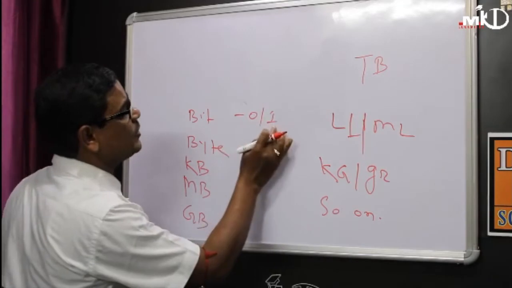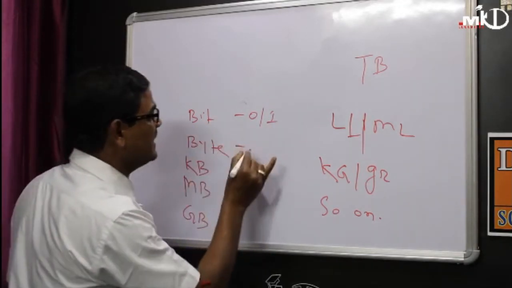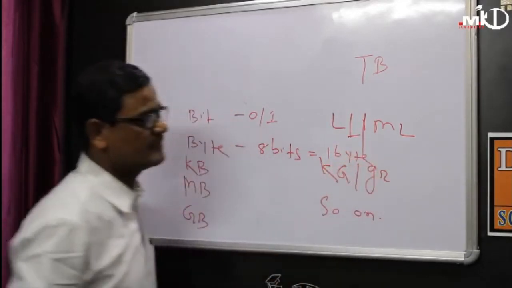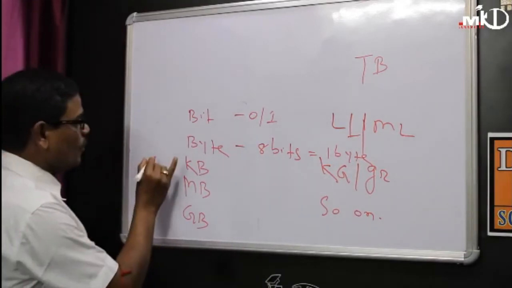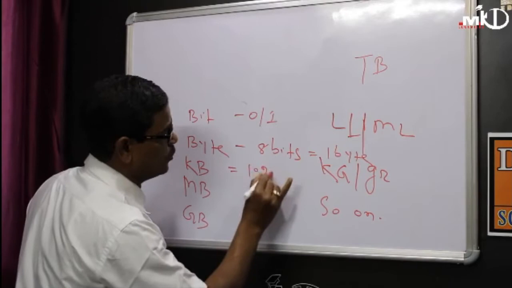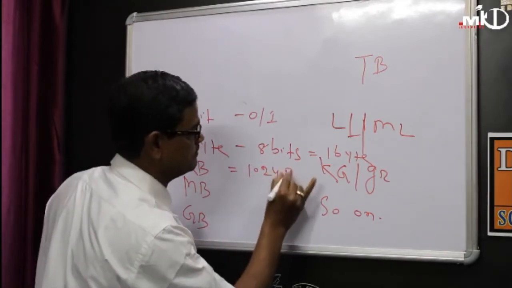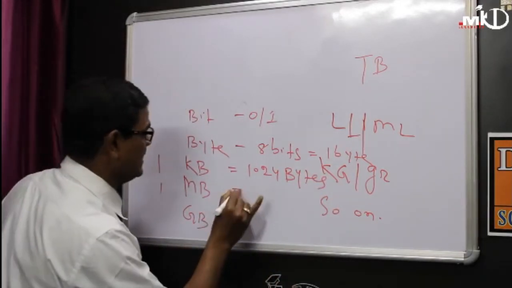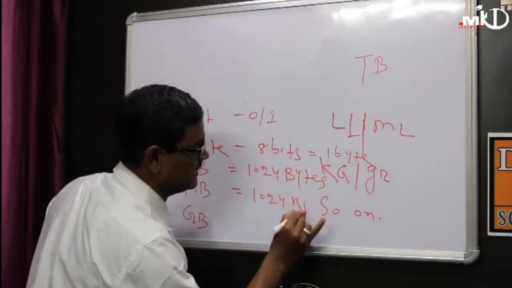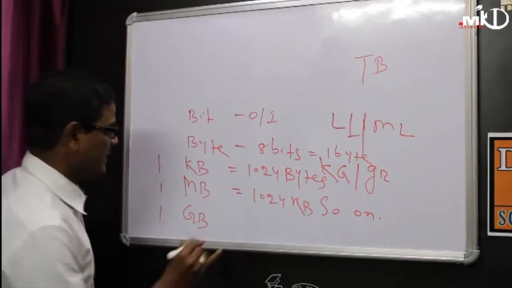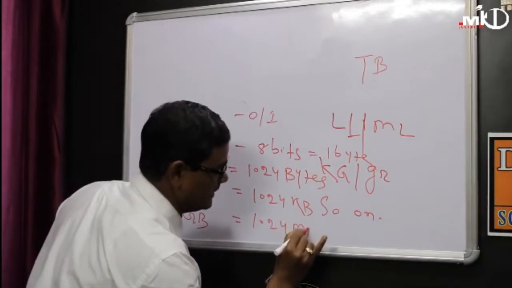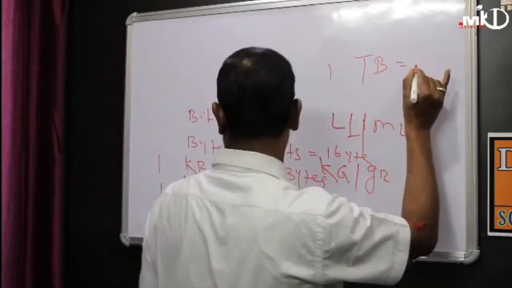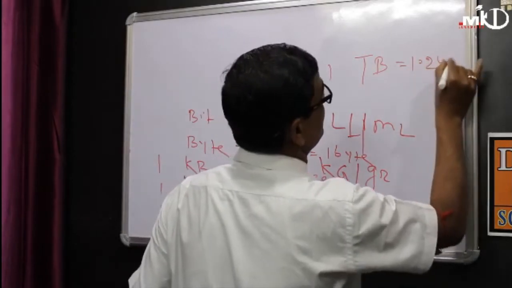Generally 8 bits equal 1 byte, and similarly 1 kilobyte equals 1024 bytes, 1 megabyte equals 1024 kilobytes, 1 gigabyte equals 1024 megabytes, and 1 terabyte equals 1024 gigabytes.